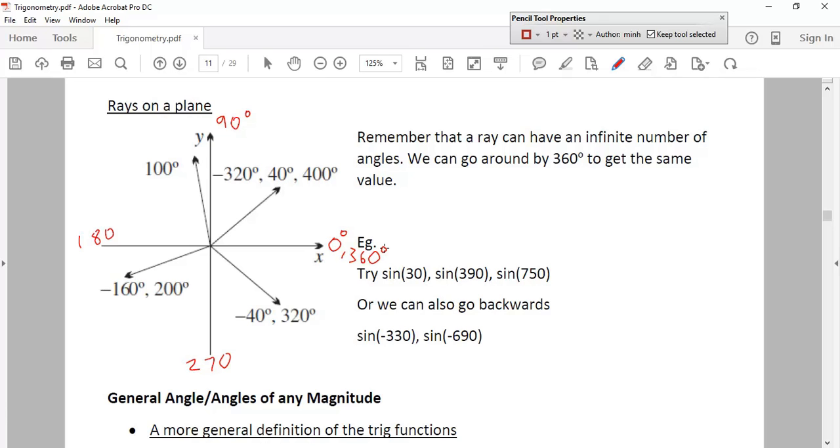So remember, we'll just mark it in a different color, that this is the positive direction. And you can also go back the other way.